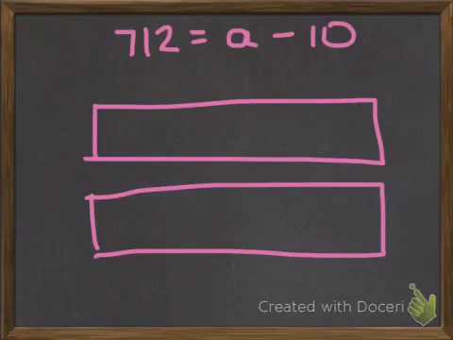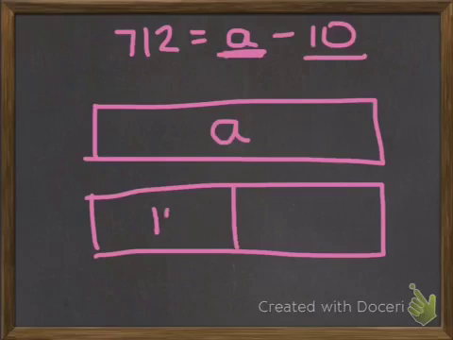Mrs. Ashley had some marbles. She lost 10, and now she has 712 left. So what Mrs. Ashley started with is the whole. That's the big number. She started with a. So we plug that into the whole. Then the parts that make it up are the 10 that she lost and the 712 she has left.